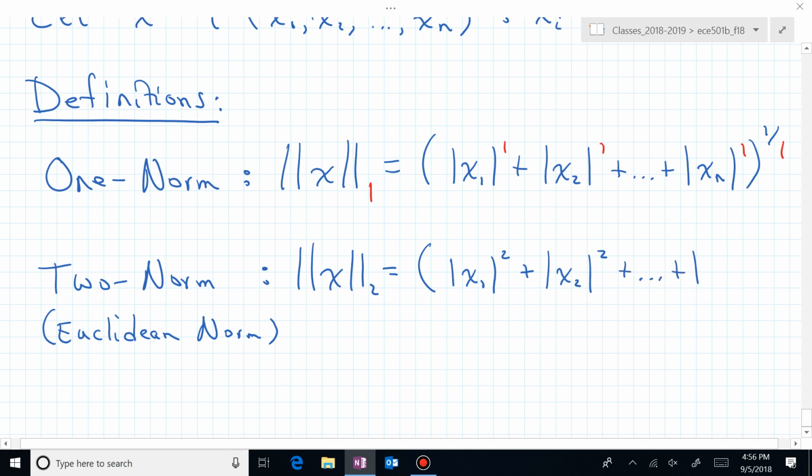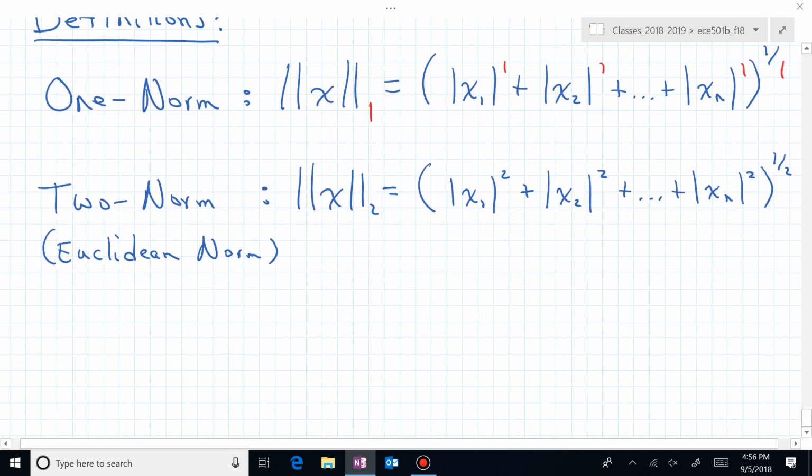Sum all of these coordinates' magnitudes squared, and then what do we do with that sum? Take the square root. So there's the square root of x1 squared plus x2 squared in 2-space. So you might see this as the square root of the sum from i equal 1 to n of x sub i squared.